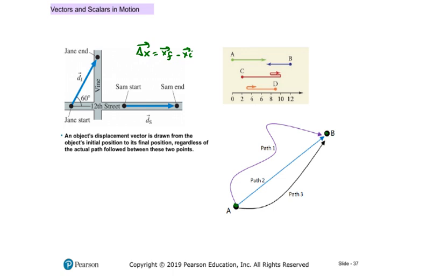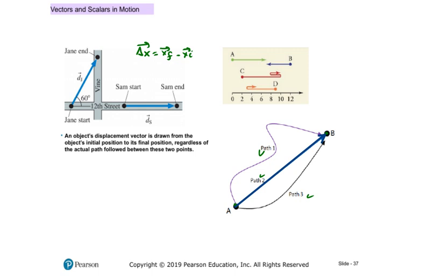One more thing about displacement is that it's independent of the path. It's equal to final minus initial. It's a vector subtraction. We have to be careful about that.